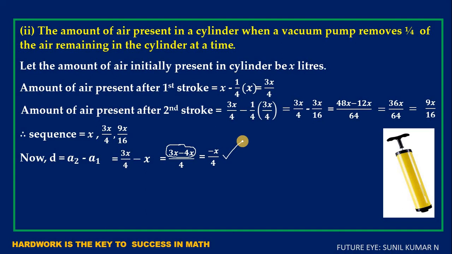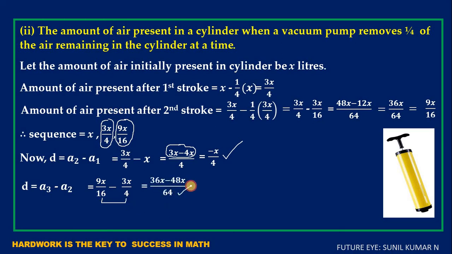Next let us find A3 minus A2. What is the value of A3 here? That is 9x/16. What is the value of A2? That is 3x/4. Subtract these two terms. So for that, let us multiply the denominators, children. 16 fours are 64.